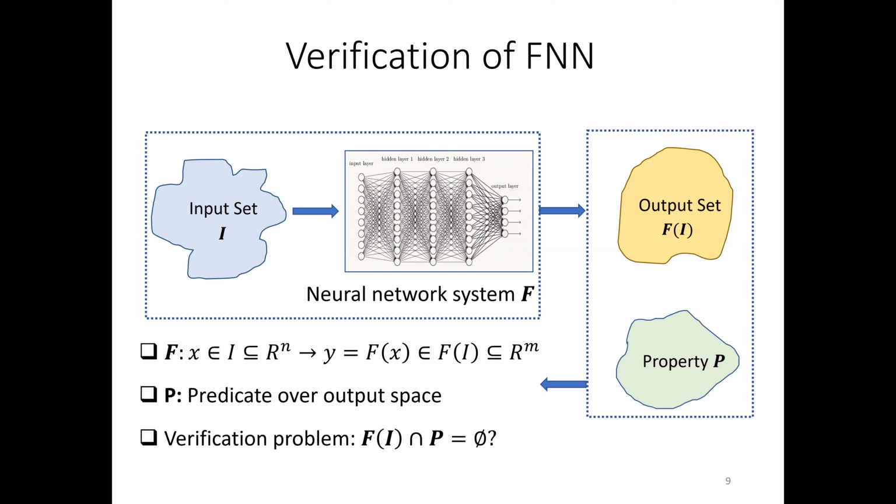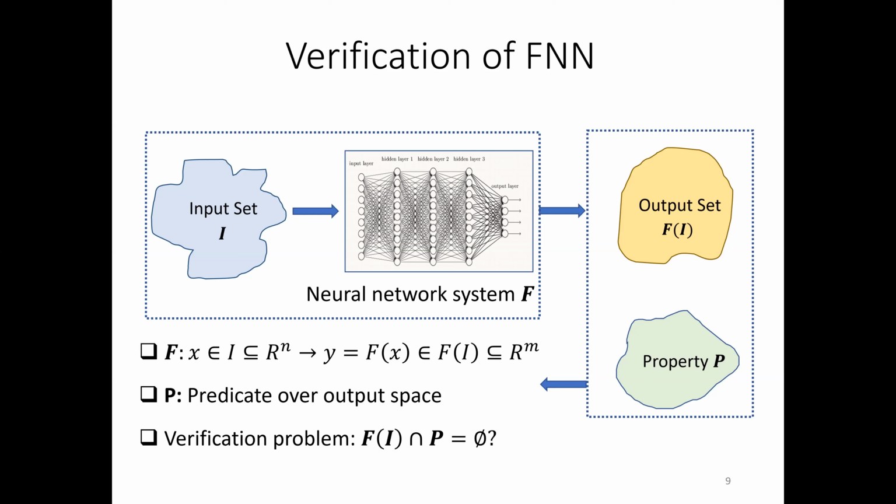I have one question. For the verification problem, does it mean that you want every output to satisfy this predicate P? Is that the meaning of verification, that you want to make sure everything in the output set satisfies the property P? No, I don't mean that.